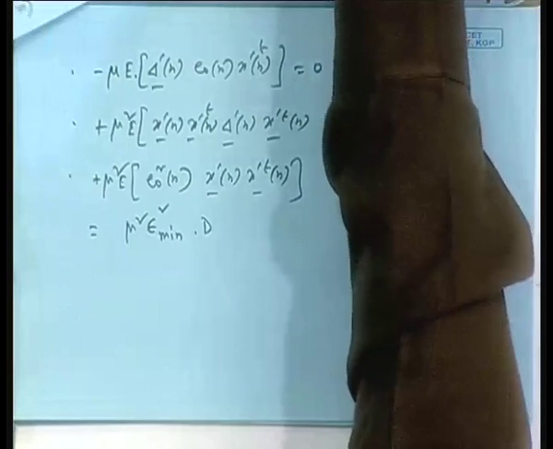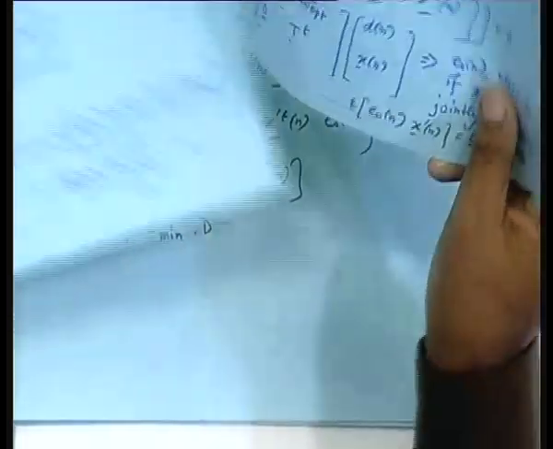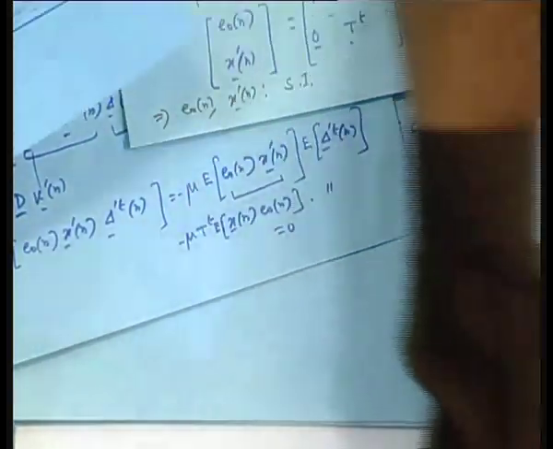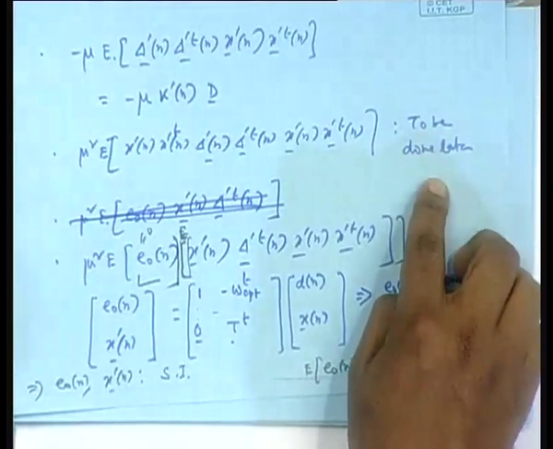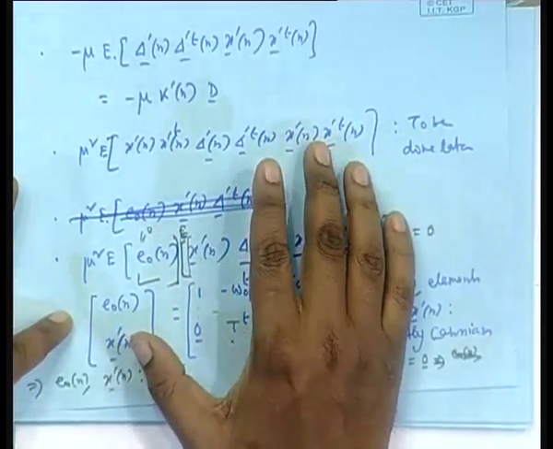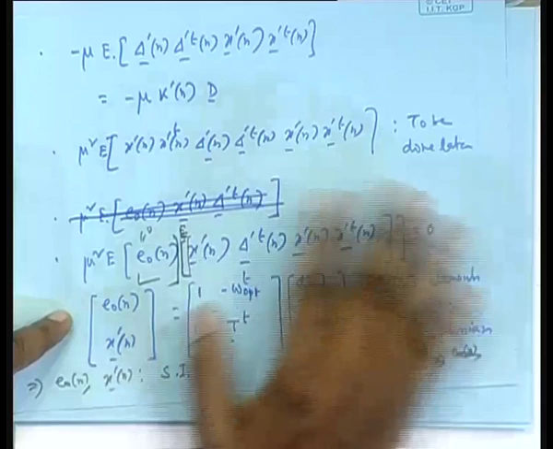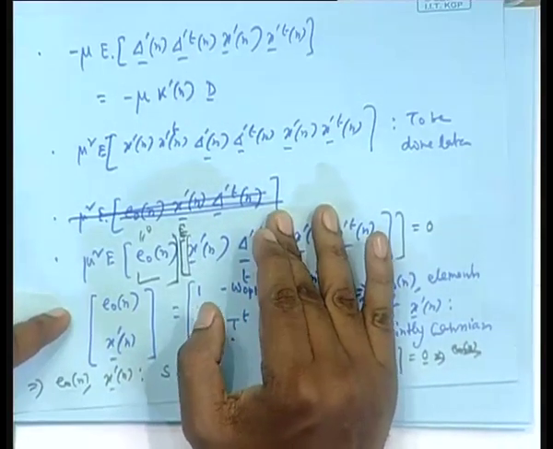Remember, we did not work out this particular term. I left it to be done later. Where is that page? Yeah, this one, to be done later. This needs some special analysis, not very big, but again some fact of Gaussian distributed variables.